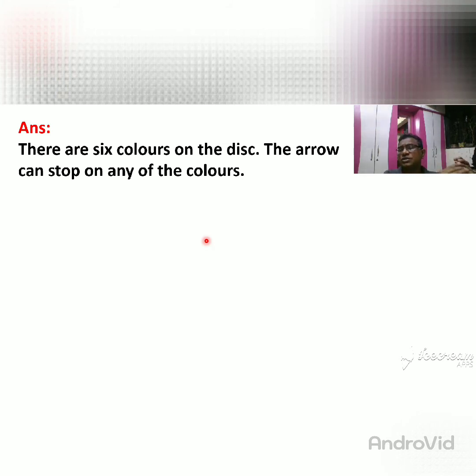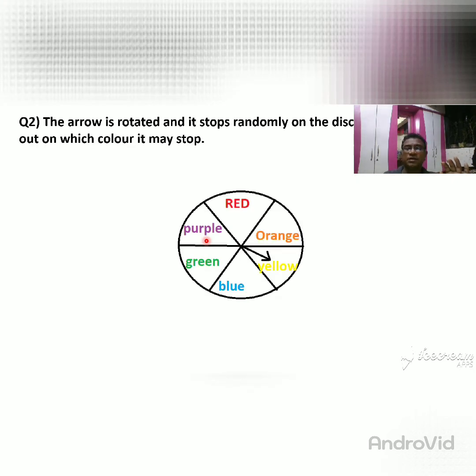So she knows the 8 places, so there is a possibility of 8 places. In such a way this example is the same, because in this example there is given a disc, and that disc has how many colors? 6 colors, and which those 6 colors are can be seen here: 1, 2, 3, 4, 5 and 6. So in those 6 colors this arrow stops. See, this is called the arrow. So that arrow stops within these 6 colors.